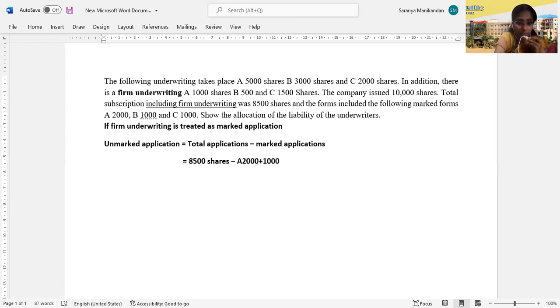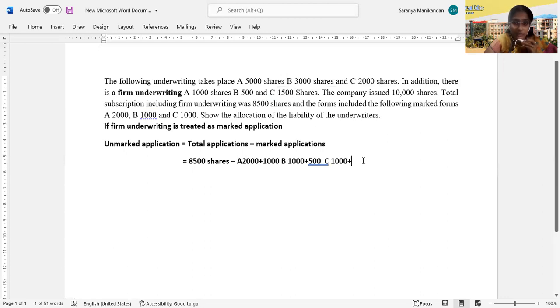And for B, marked application is already given as 1,000, plus we treat firm underwriting as marked, so plus 500. Then C's marked application is already given as 1,000, so 1,000 plus firm underwriting for C of 1,500. That is treated as marked application.